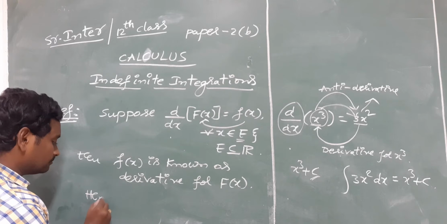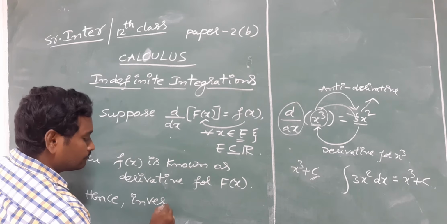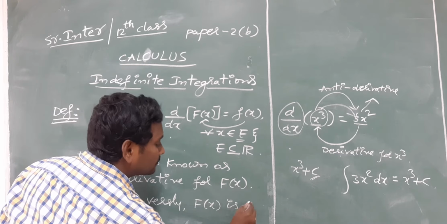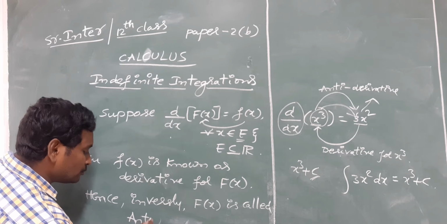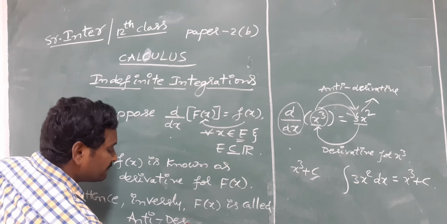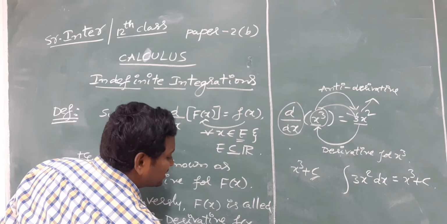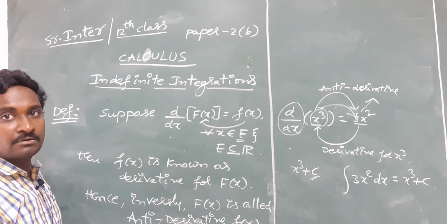Hence inversely, capital F of x is called an antiderivative of small f of x. So small f of x has an antiderivative.